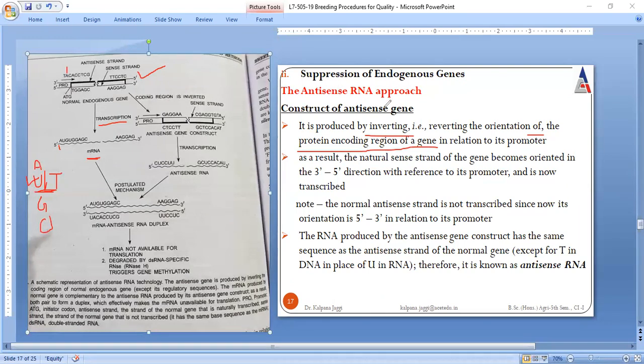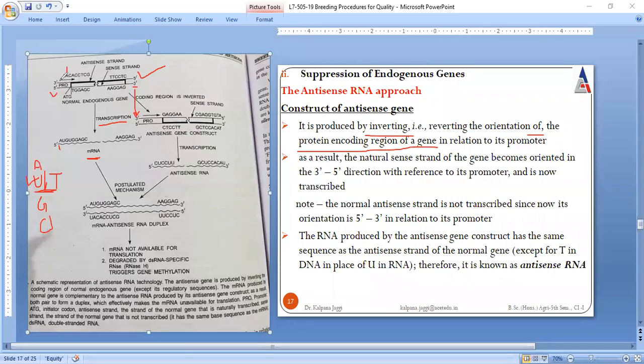But when we are to construct antisense RNA, it is constructed by inverting its position. Inverting its position means if we invert, this end will come to this end, and this end will come to this end, right? We have rotated its position.